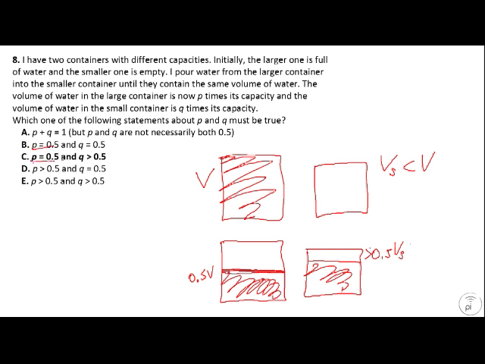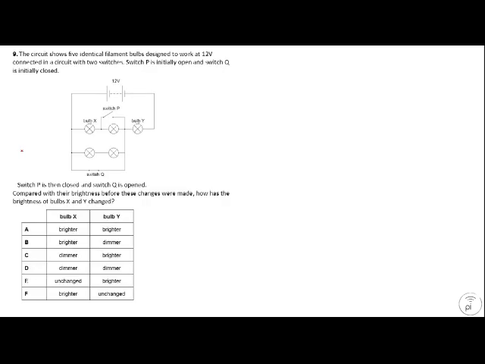Here and here, and Q is not 0.5 because it is more than 0.5, because here it is 0.5 for this, but here it will be like 60% or 70%, so it is more than 0.5. The answer is C. Ninth question.